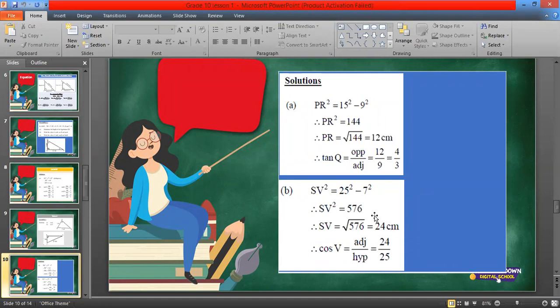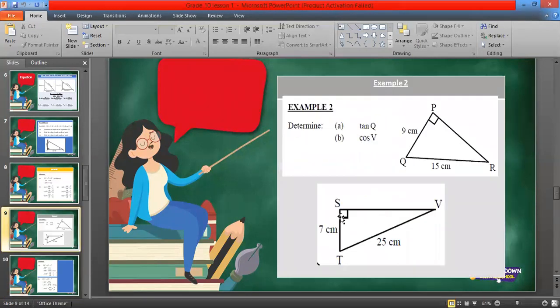So if our SV is 24, then for cos V, this is V, these are opposite, and the hypotenuse is 25. Remember, cos is what? Adjacent over hypotenuse.